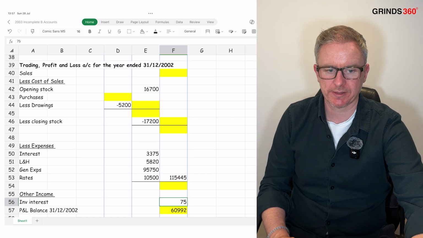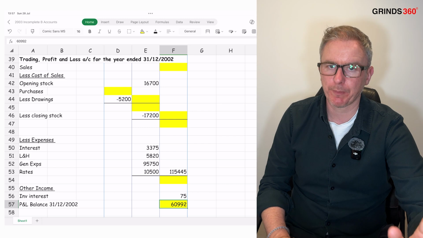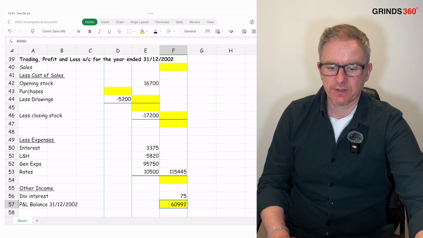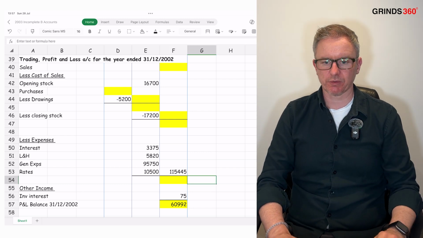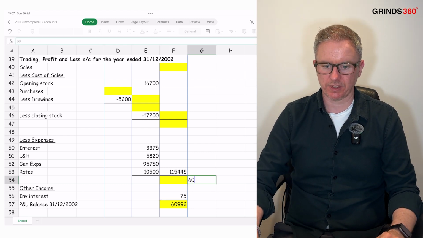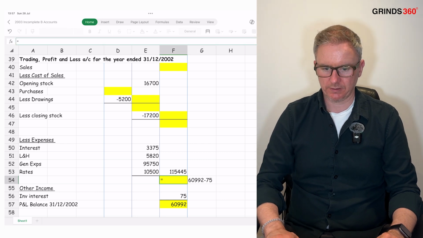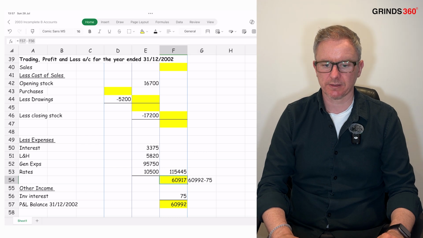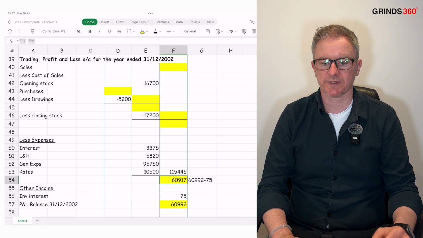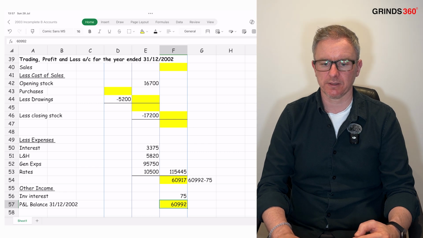So 60992. Now let's think about this again. How do we get back to our sales figure? So we need to work backwards through the account. So we ended up with 60,992 after we added on €75. So to reverse that, I'm going to say 60992 minus the 75. And I see that I must have had a profit here of 60917. I added on 75 and I ended up with 60,992.